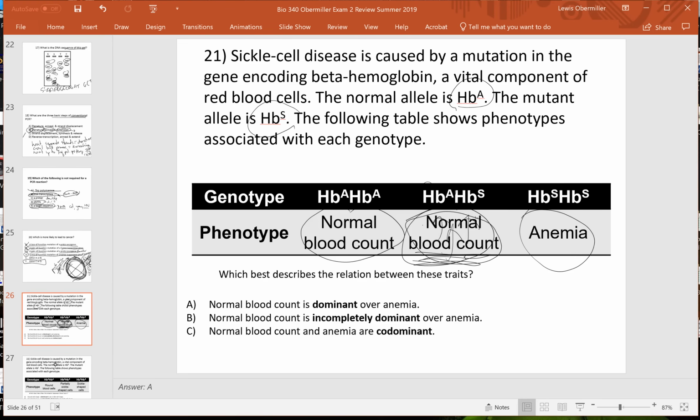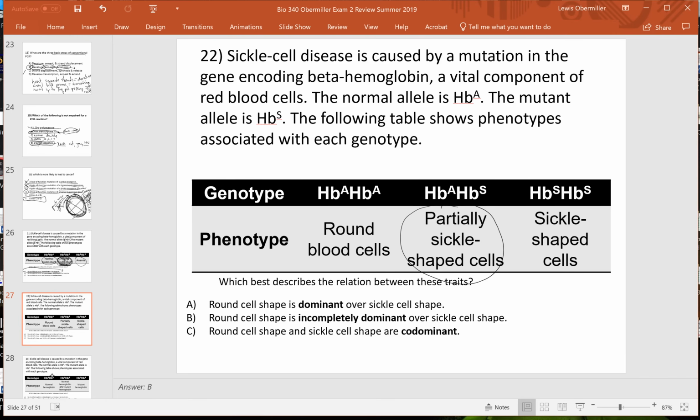Because in the heterozygote we get a normal phenotype. So normal blood count is dominant over anemia. That's correct. Great. This is a complete dominance. If it was incomplete dominance, then we would get partial anemia. Codominant, we would get partial anemia. So this is complete dominance. Answer is A.